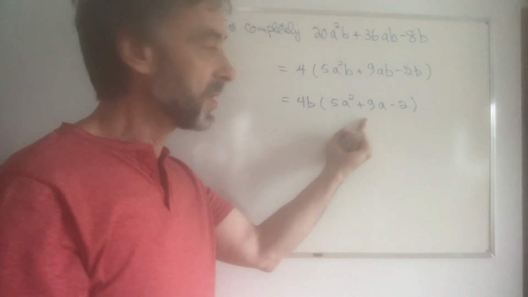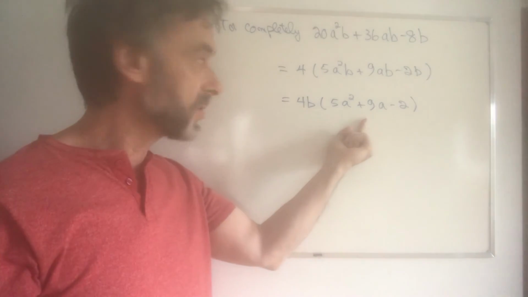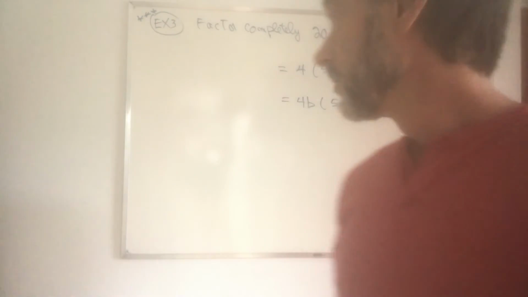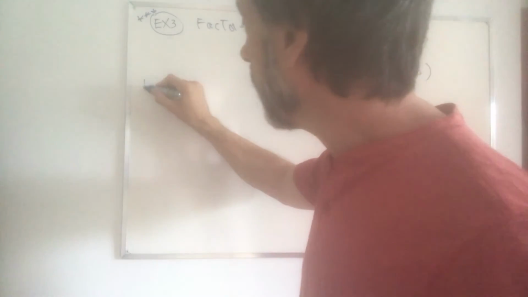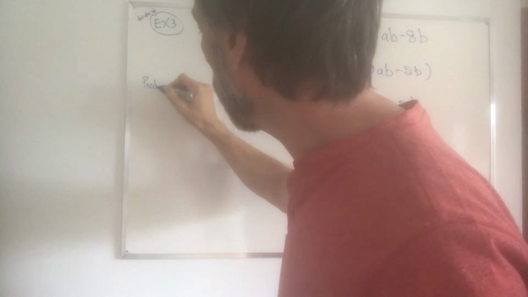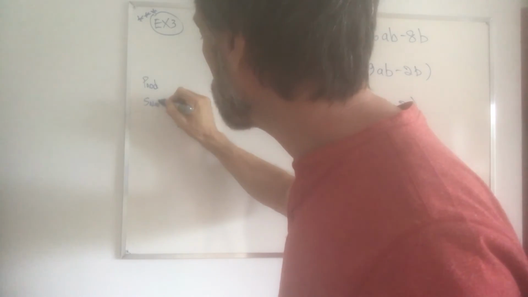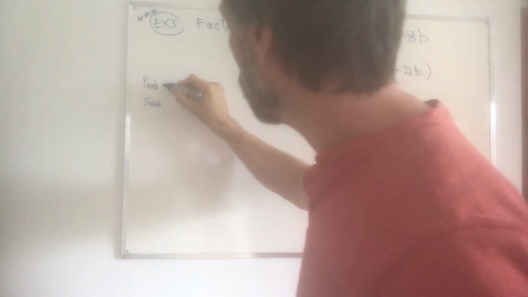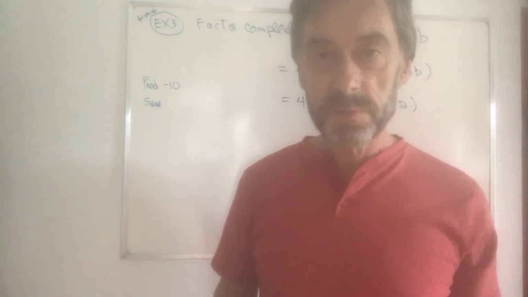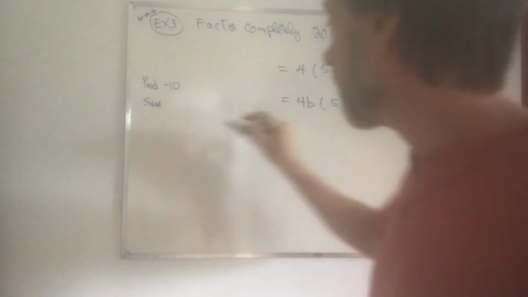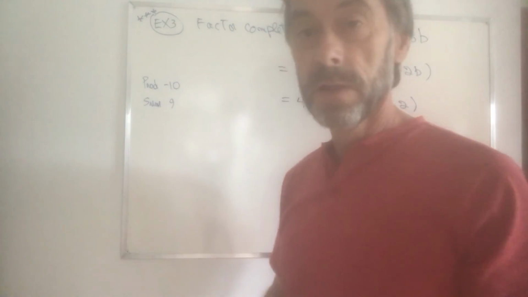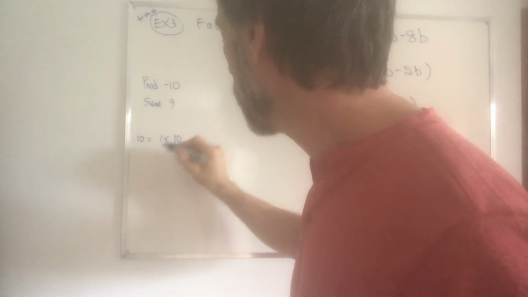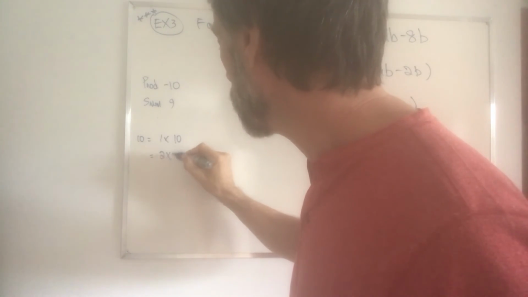And that actually brings me back to familiar territory. That is your standard trinomial. So how do I do this? Well, why don't we practice a little bit our product sum strategy. Product 5 times minus 2. Looking for 2 numbers whose product is minus 10 and whose sum is 9. So what is 10? 10 is 1 times 10, and it is 2 times 5.